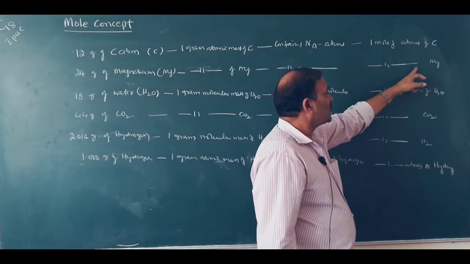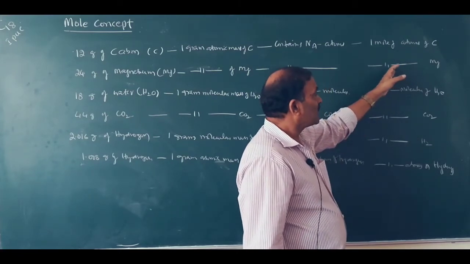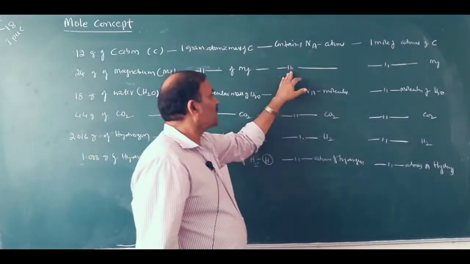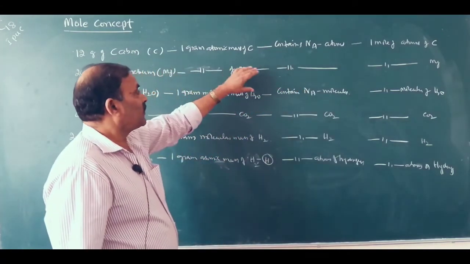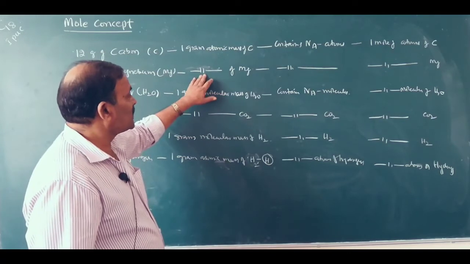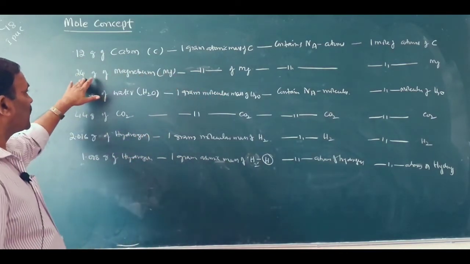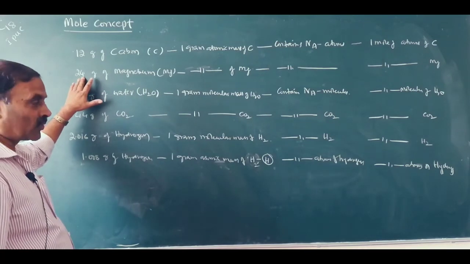So 1 mole of magnesium atoms means Avogadro number of magnesium atoms, and the weight of Avogadro number of magnesium atoms is equal to its gram atomic weight. What is the gram atomic weight of magnesium? 24.